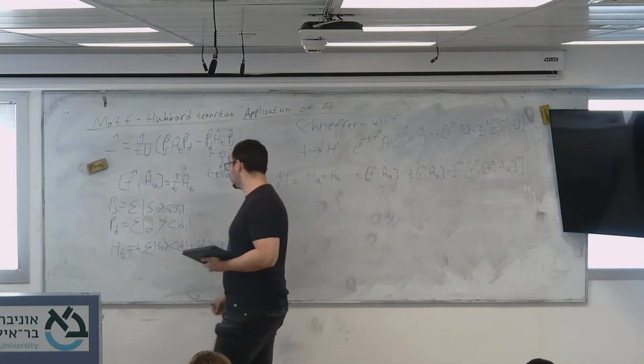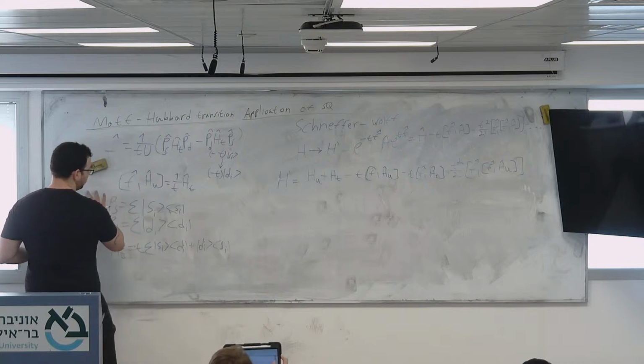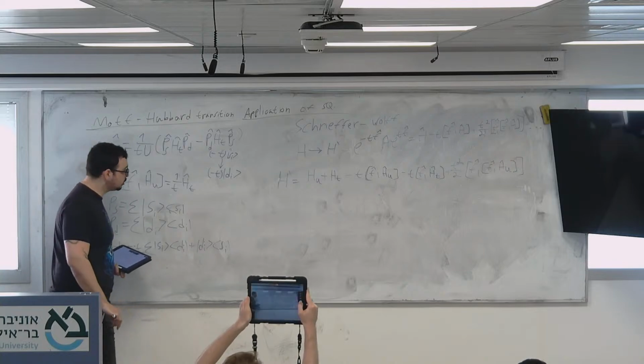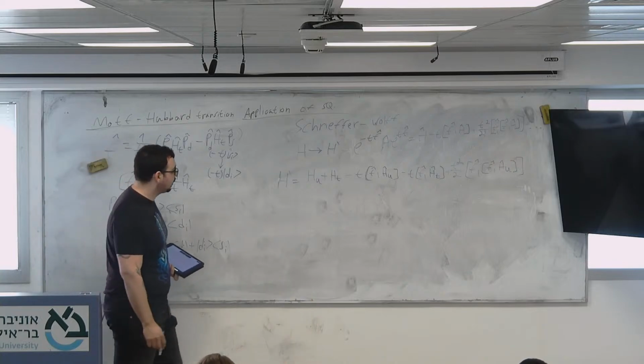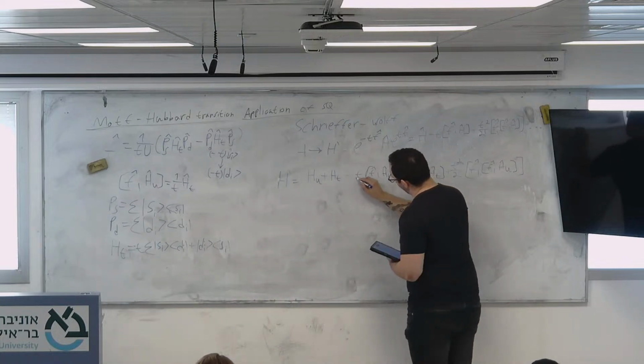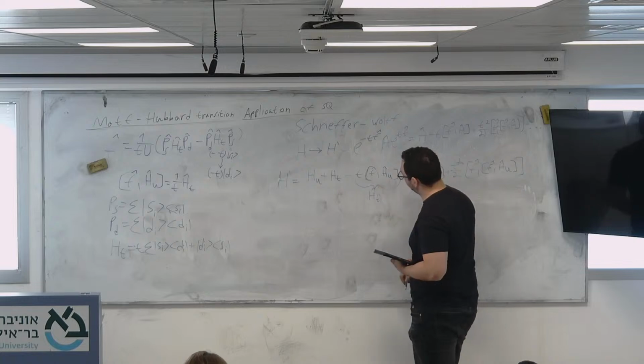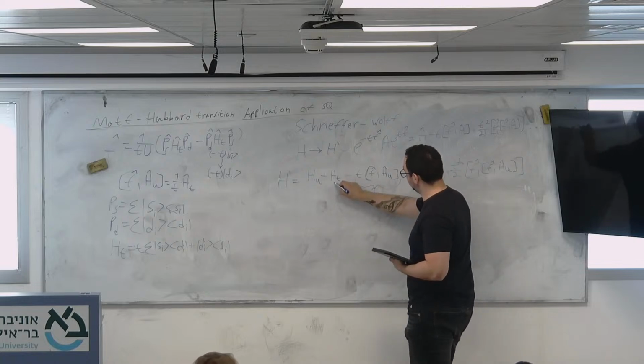Okay. So, using this commutation relation that you so bravely found by yourself in your homework, we know this term will transform to HT and cancel out with this one.